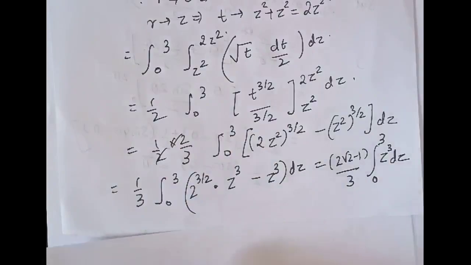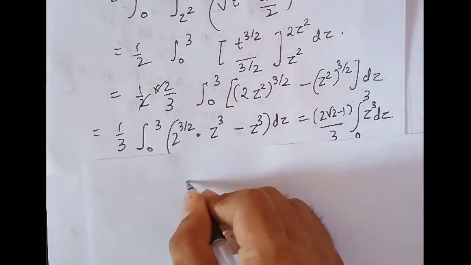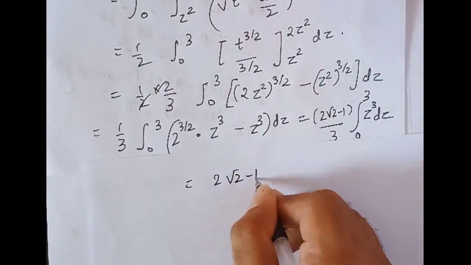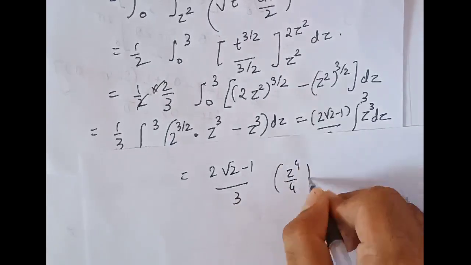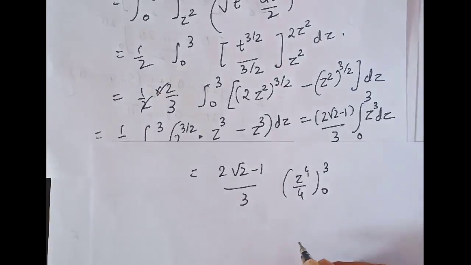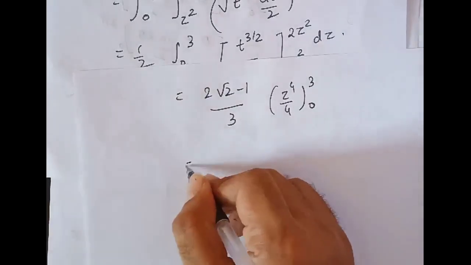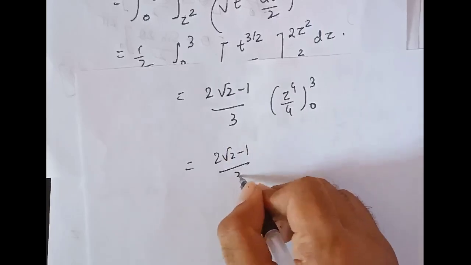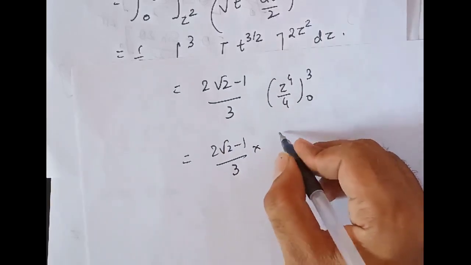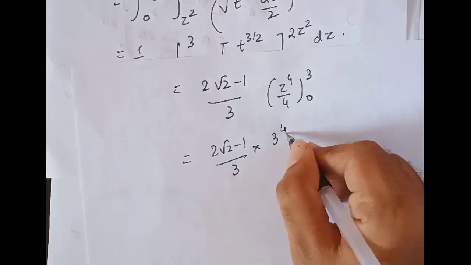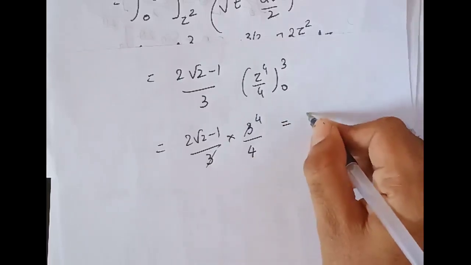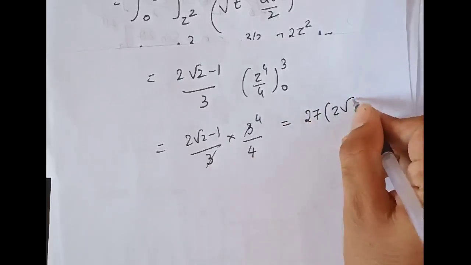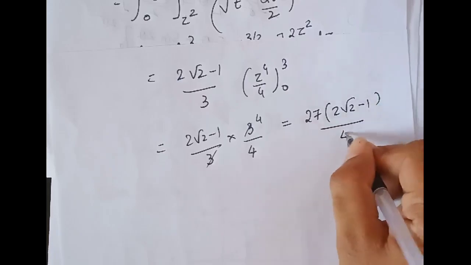Finally, if we calculate this, it is equal to 2 root 2 minus 1 by 3, and that becomes z raised to 4 by 4, from 0 to 3. So that is 2 root 2 minus 1 by 3 into 3 raised to 4 by 4, and cancelling this 3, 27 times 2 root 2 minus 1 by 4.